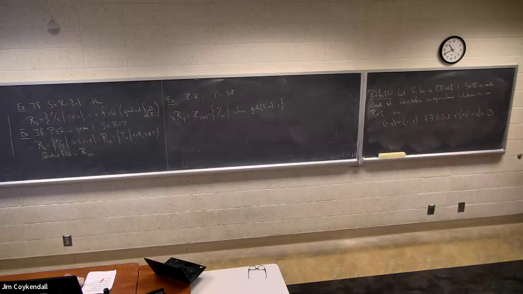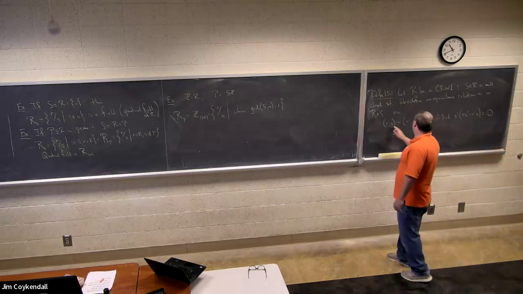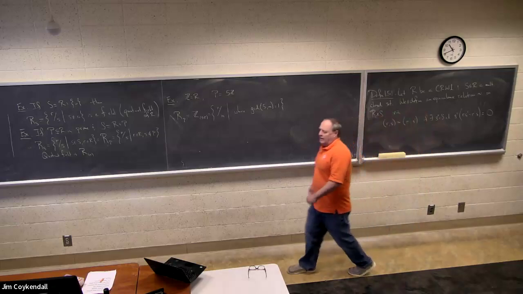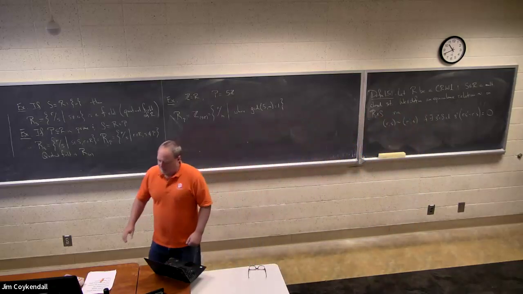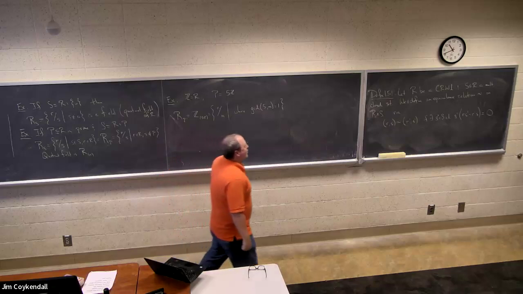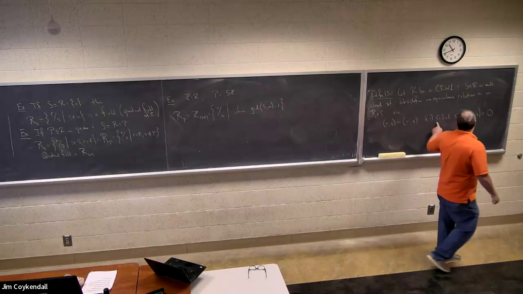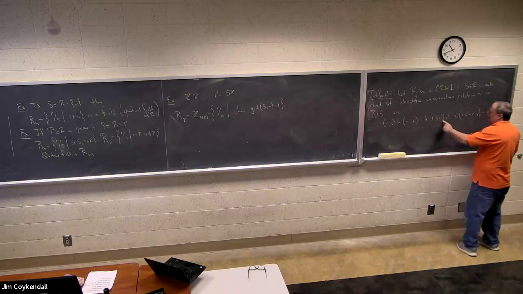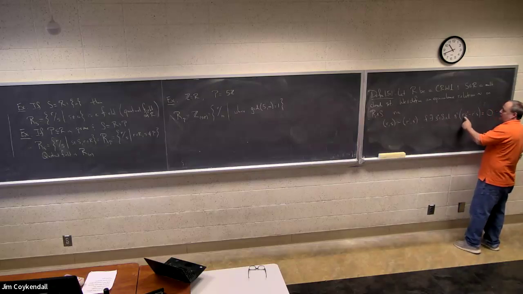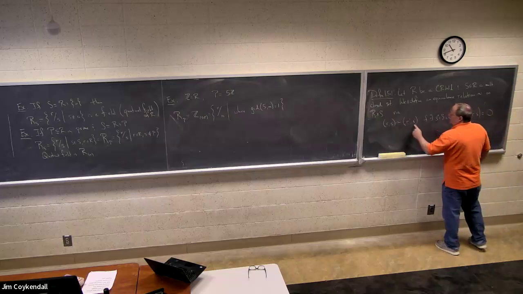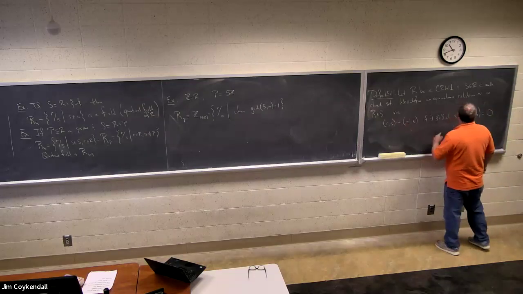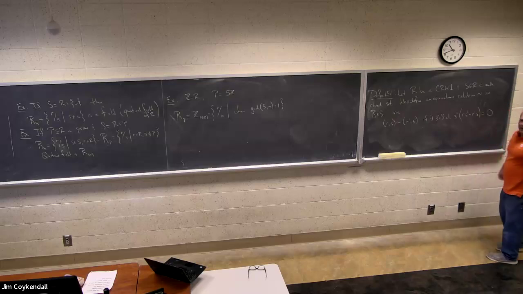I am going to declare two of these to be equivalent if there exists some perhaps third party S'' in S such that S'' times (R S' minus R' S) is 0.